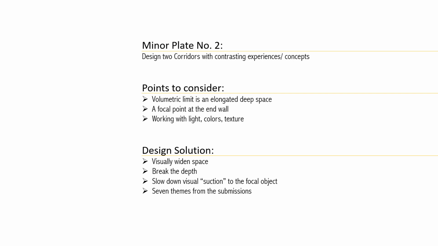Of course, all of those elements in the space, like color, temperature, texture, are all in there, except that I encourage you to focus on light, colors, and texture. So the design solution here can be enumerated as follows.